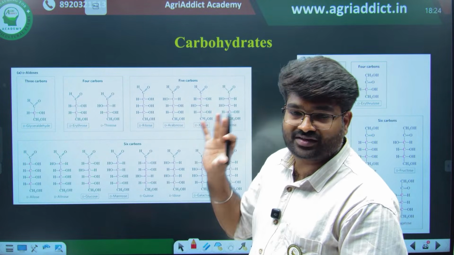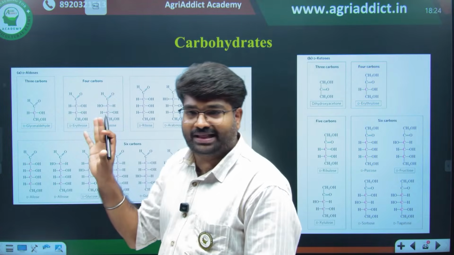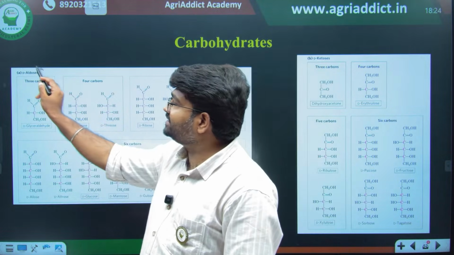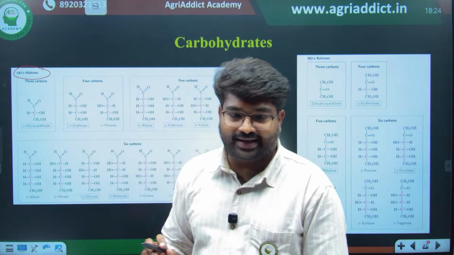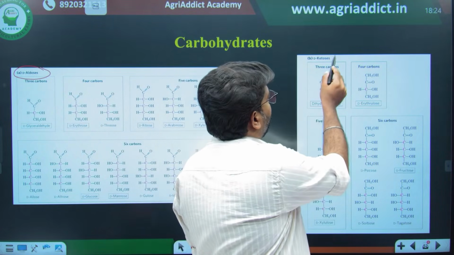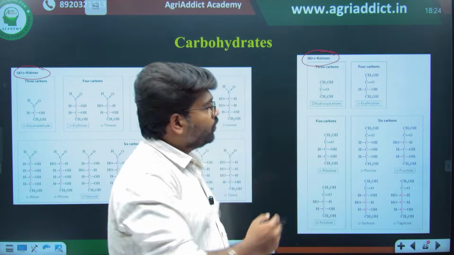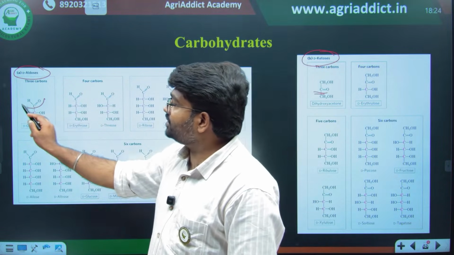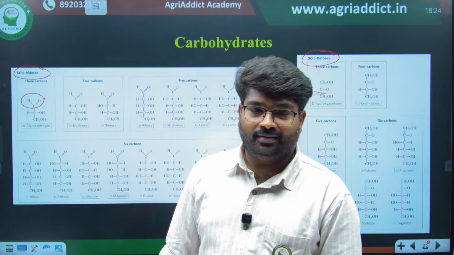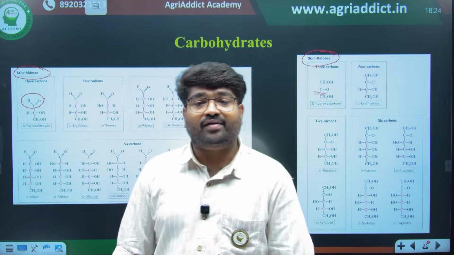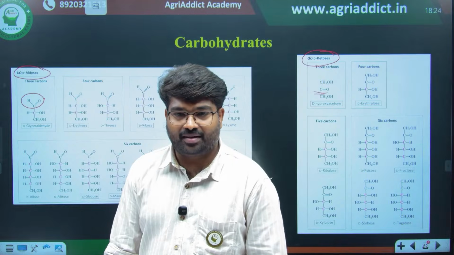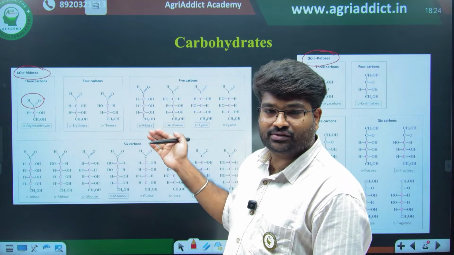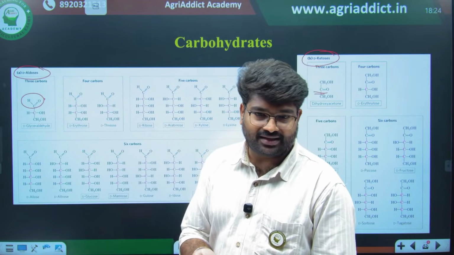Based on the functional group, they are classified into aldoses and ketoses. Aldoses means an aldehyde group will be there, that is CHO. Ketoses means a ketone group will be there, C double bond O. Then based on the number of carbon atoms, they are classified into trioses, tetroses, pentoses, hexoses.